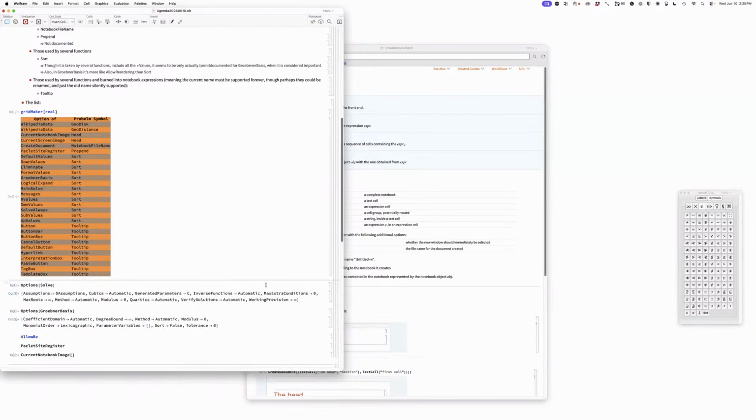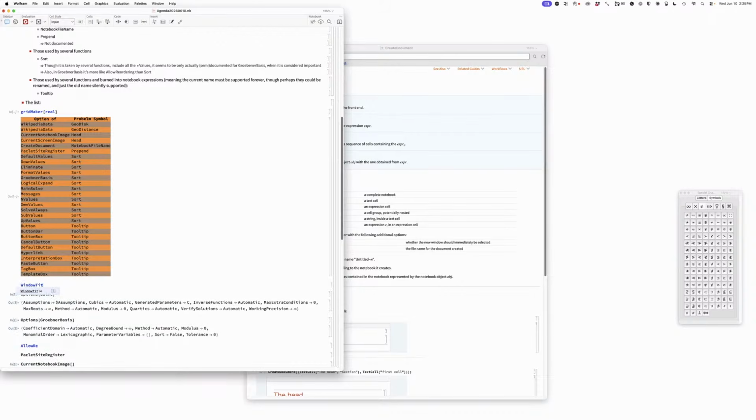Right. There's also current value of window title that will give you the thing that appears. Okay, so window title is the option? No, it's not, because that's just the title. Window title by default tracks the file name. No, I understand. But it can be completely independent. Right.